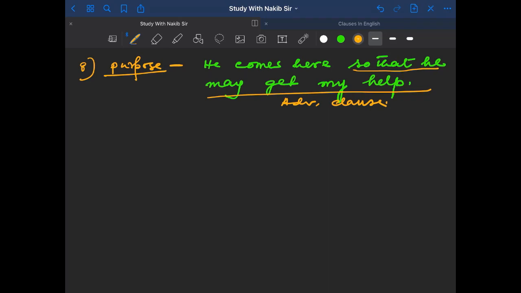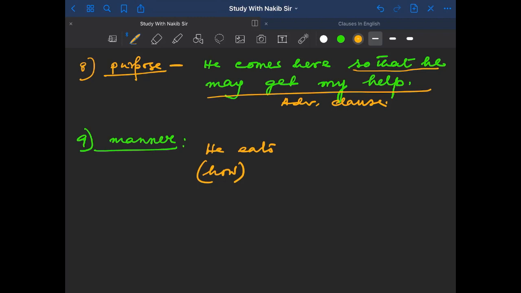And number 9, an adverb clause is the clause that indicates sometimes a manner. What is this? See the example. He eats. In which manner? That means how. Which way? Manner.